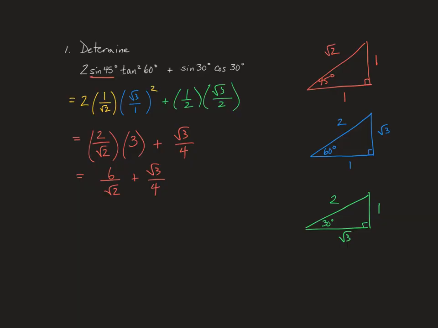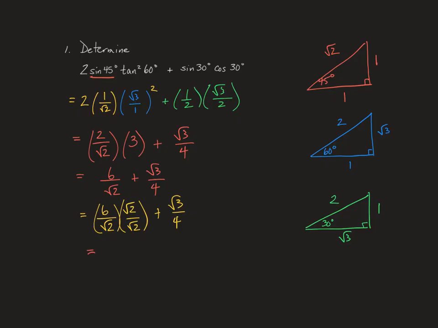Now, we may differ here because some people may choose to get a common denominator of 4 root 2. Other people may not like that radical on the bottom and then say, okay, what I'm going to do is rationalize that. You do not have to show this line of multiplying the top and the bottom by root 2. We're now at a point where we should be pretty comfortable to rationalize that without writing that line down.